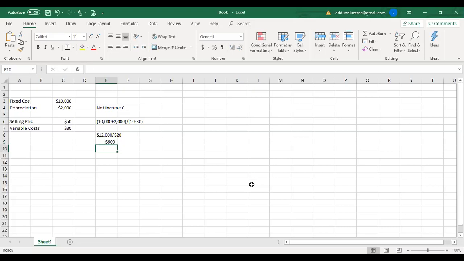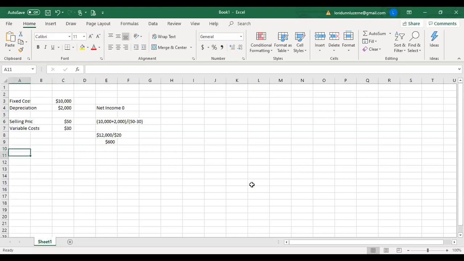And if you're looking, going 600 times 20, we need to make enough units so that we cover our fixed costs, our variable costs, and our depreciation in order for net income to be zero.